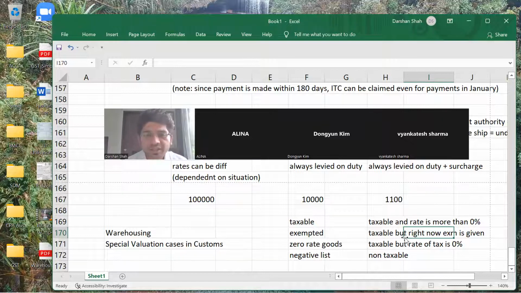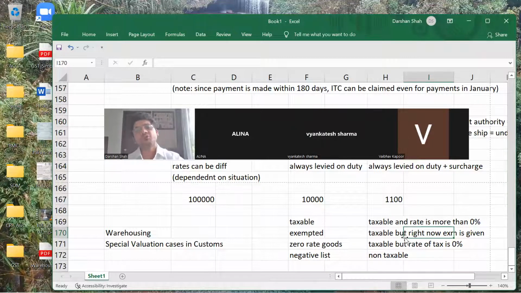That exemption can be state-wise or area-wise. Exemption can be for whole India, for part of India, or only for special economic zones. But zero rated goods are always taxed at zero rate, no matter where you are supplying. Got the difference now? Yes, sir. Okay, that's why different definitions are given.